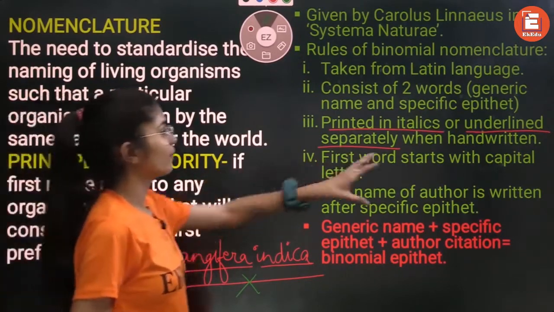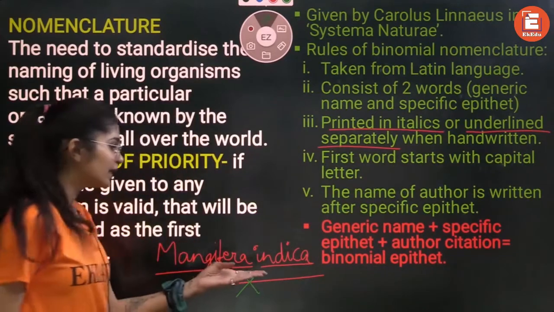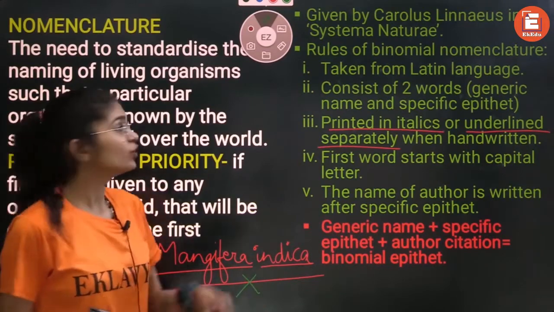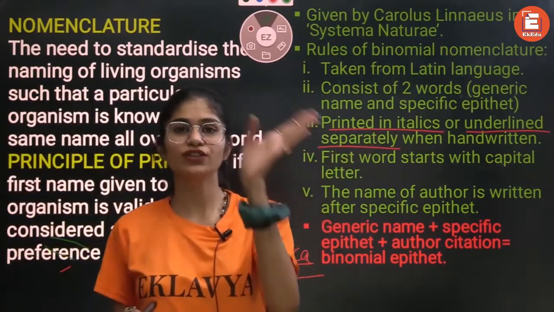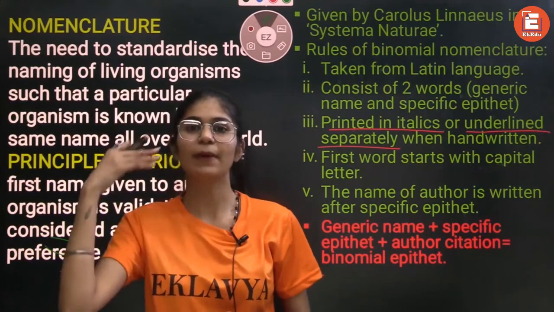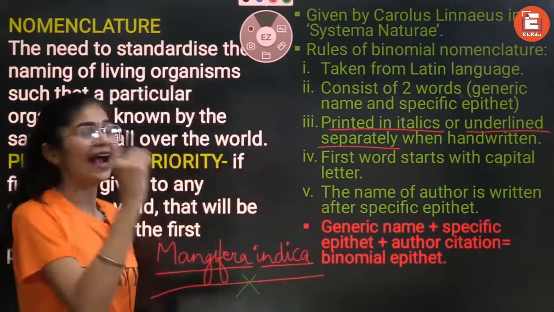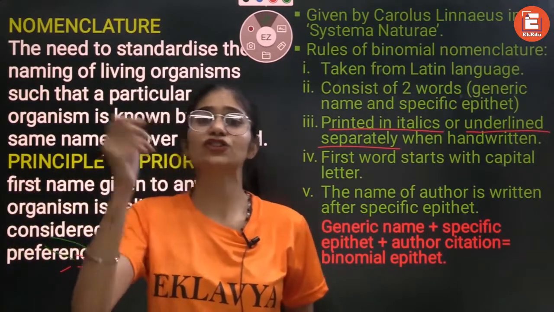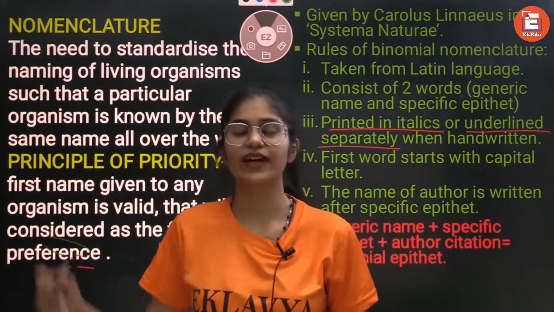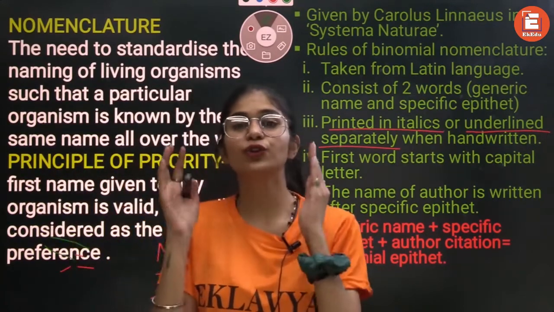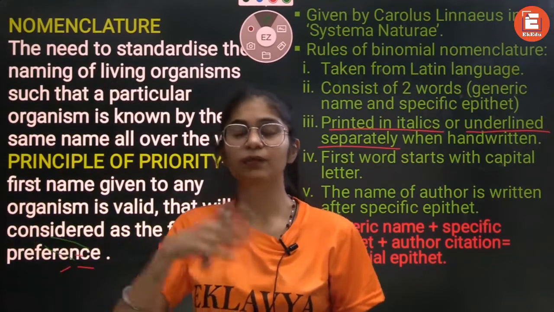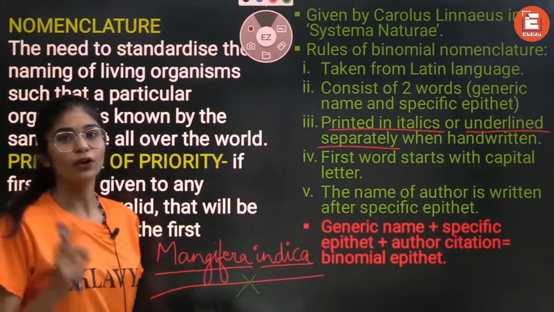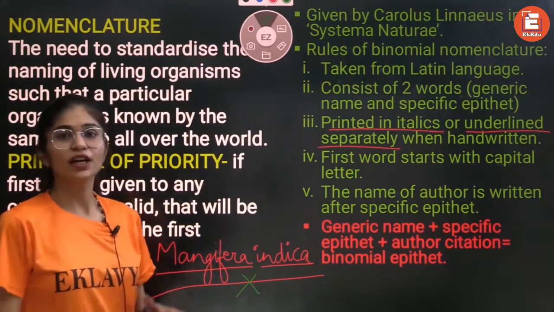We usually underline the scientific or biological name when we're handwriting it. When printing on a computer, we can just use italics to show that this is a biological name. But when we're handwriting, there is no italics, and some people naturally have italic handwriting while some have block writing. So to differentiate between different handwritings, we made a rule of always underlining a biological name, so that we can differentiate the normal word from a scientific biological name.